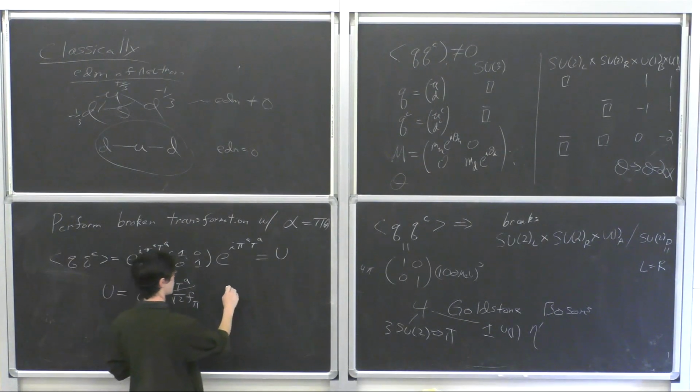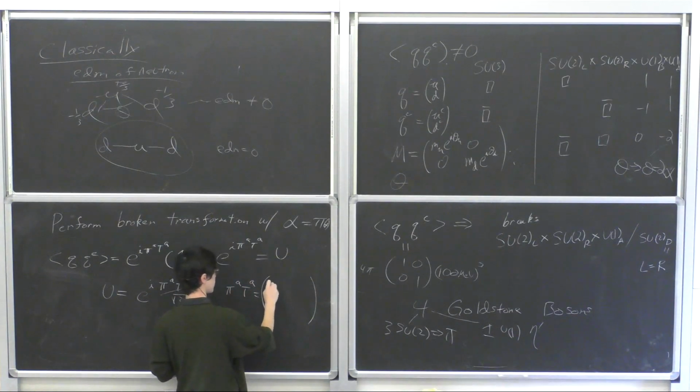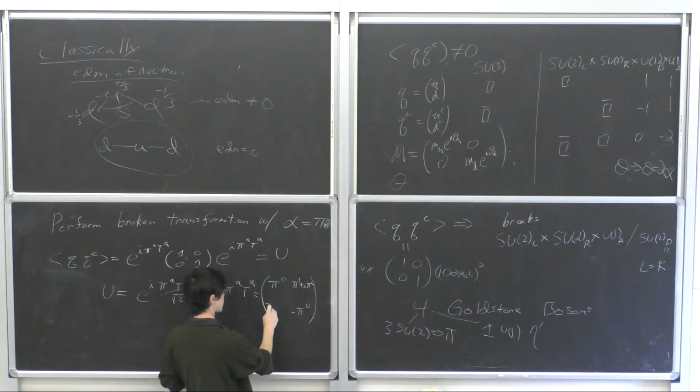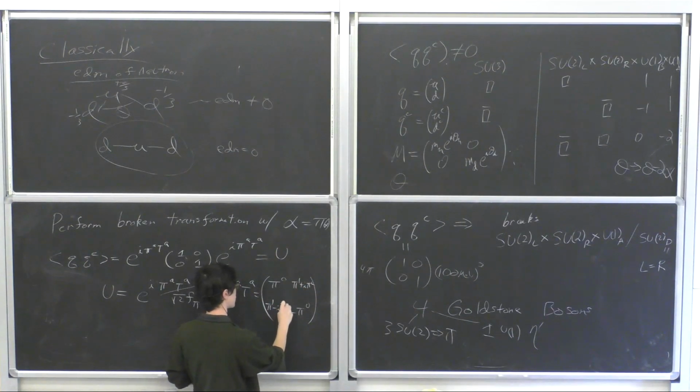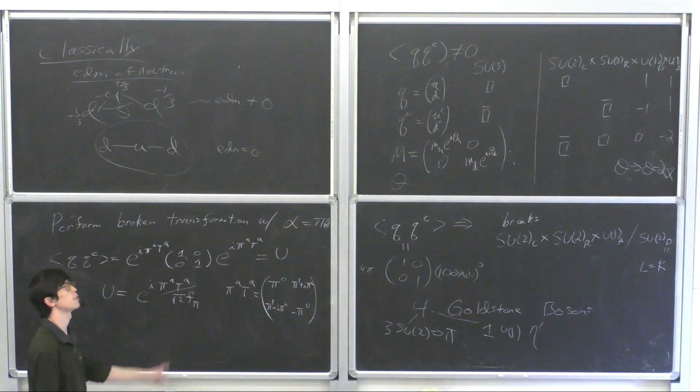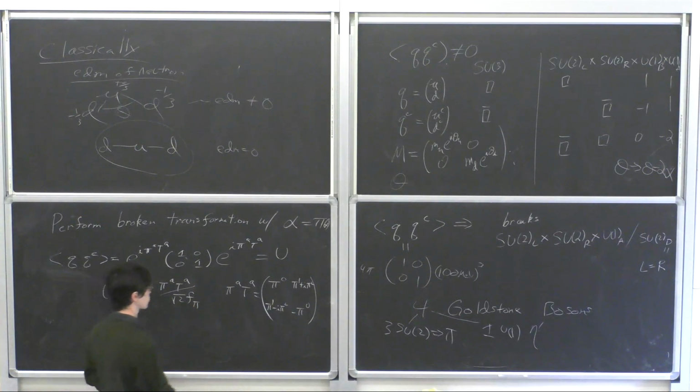where pi a ta is pi 0, minus pi 0, pi 1 plus I pi 2, and I might have minus I pi 2. They have trace of a half, so I guess there's a square root of 2 here.